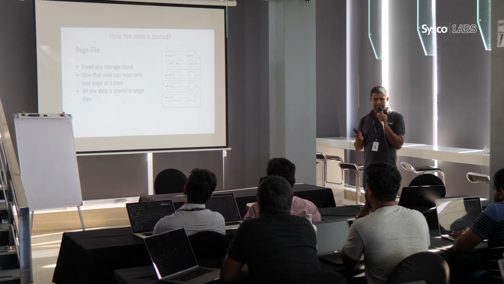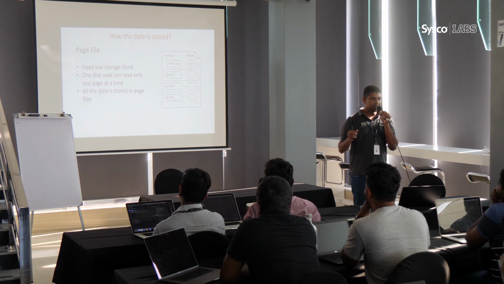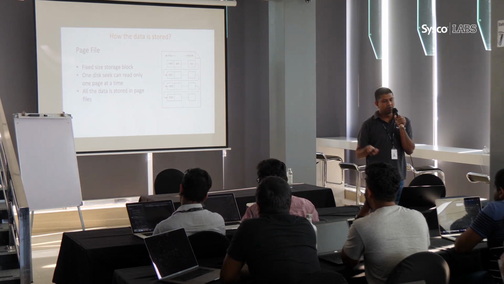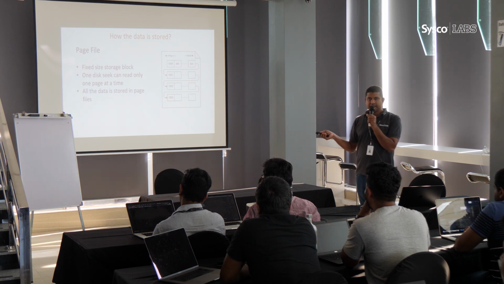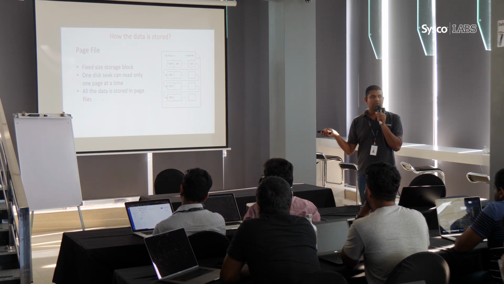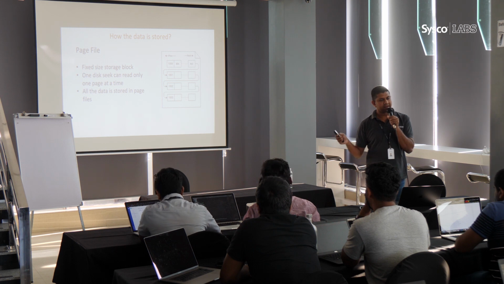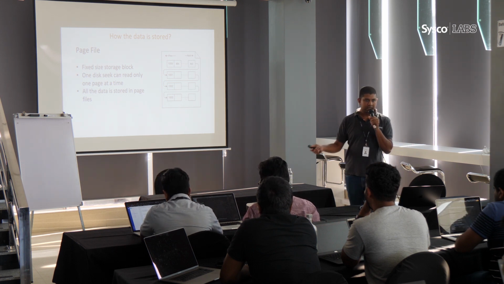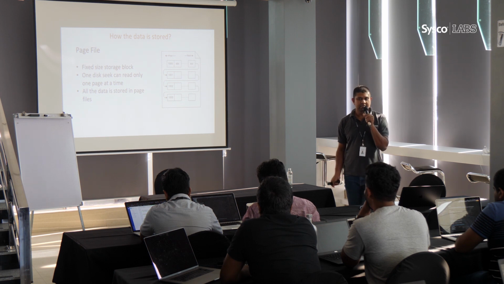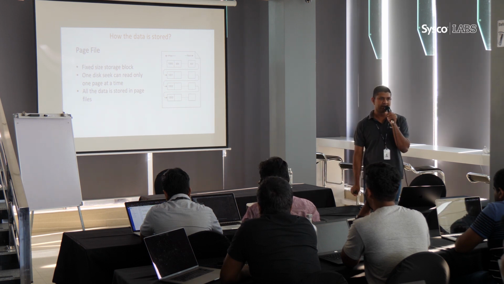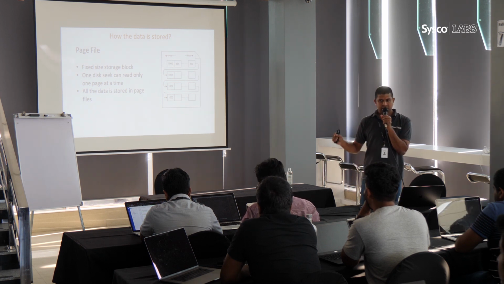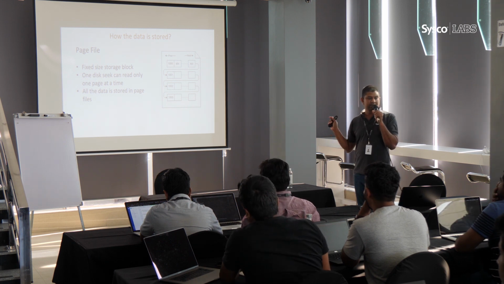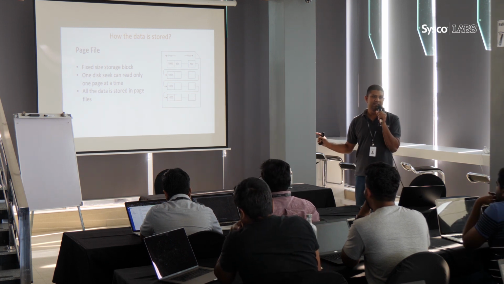This is actually a fixed size portion of a file. Let's say one hard disk seek can read a particular page at a time. If you have to read 1,000 page files, there are 1,000 hard disk accesses or hard disk seeks, right? So this is the atomic unit that a database system can access.